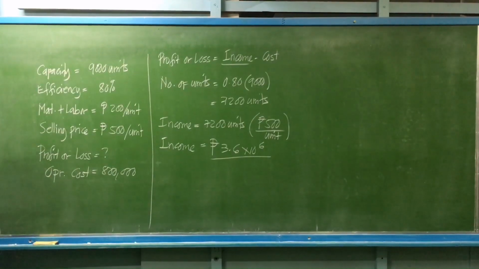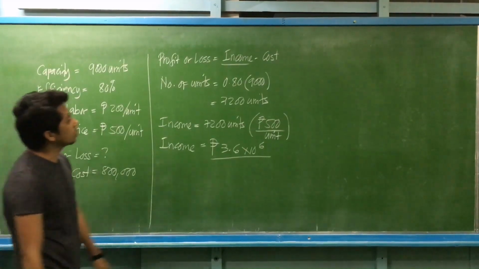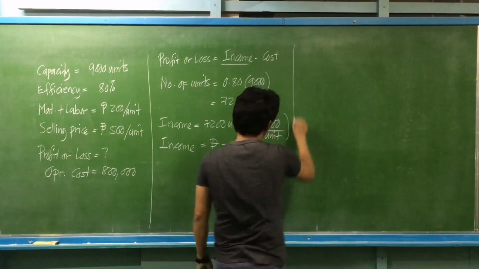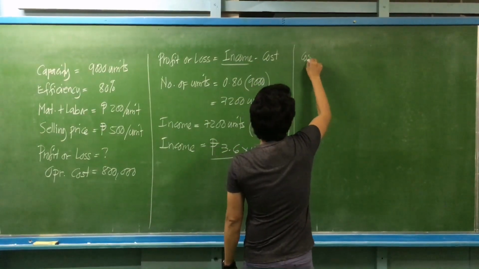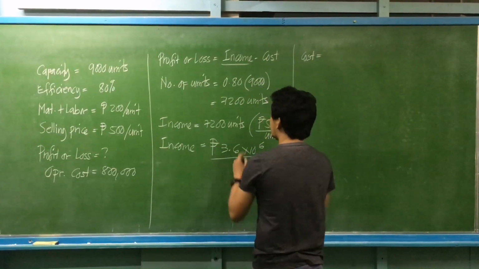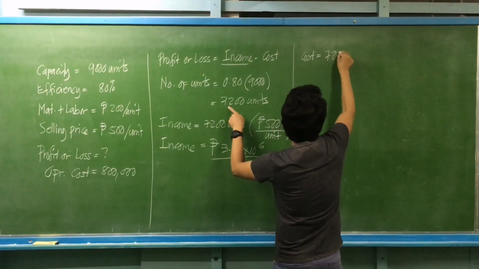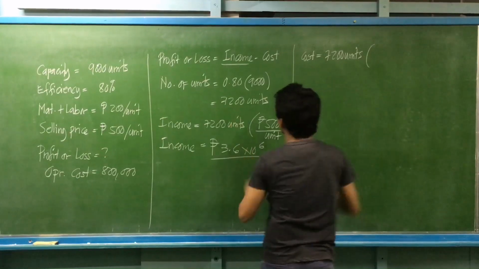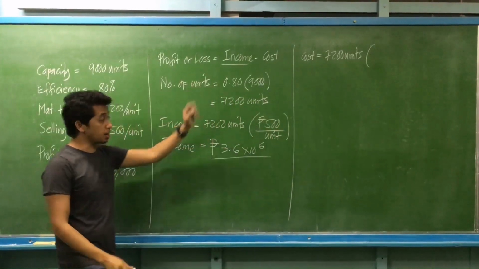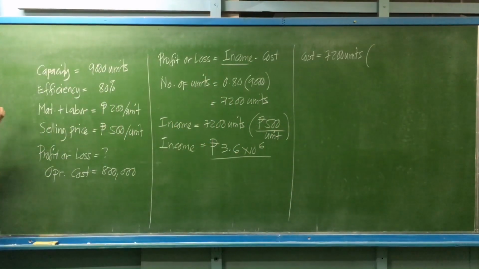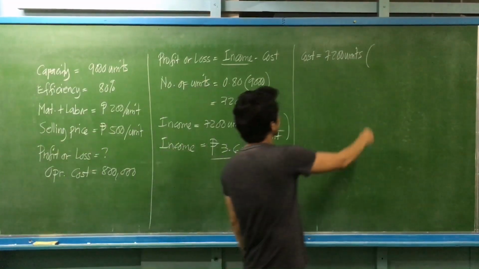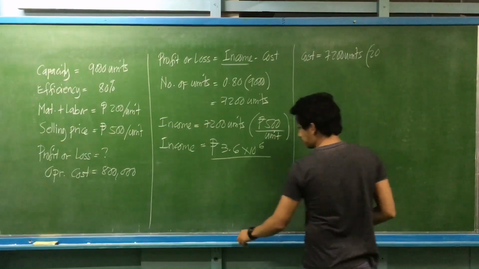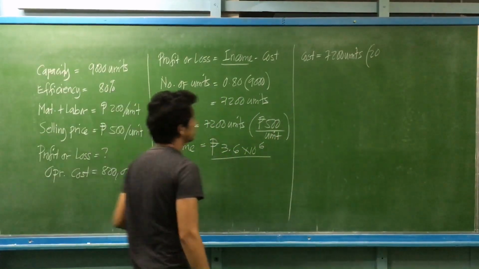Okay, then separate naman natin paano tayo magkakaroon ng cost. Ano yung mga magagastos natin? So we have the cost. Okay, gagawa tayo ng 7,200 units. Ano yung magagastos sa paggawa ng kada isang unit? So we have the material and labor cost that is multiplied by 200 pesos per unit yung gastos.